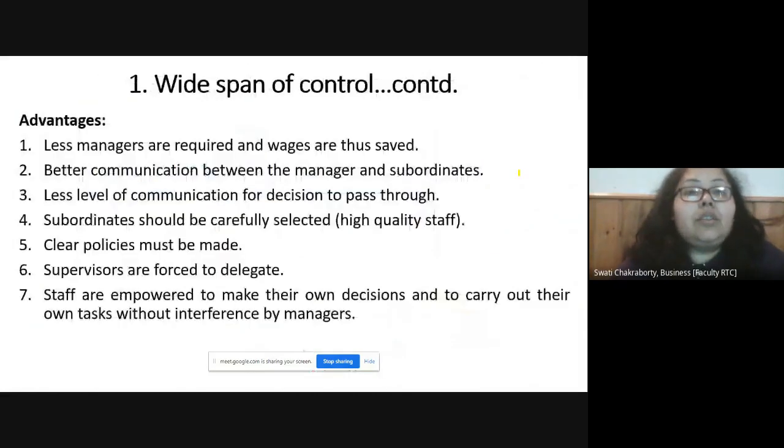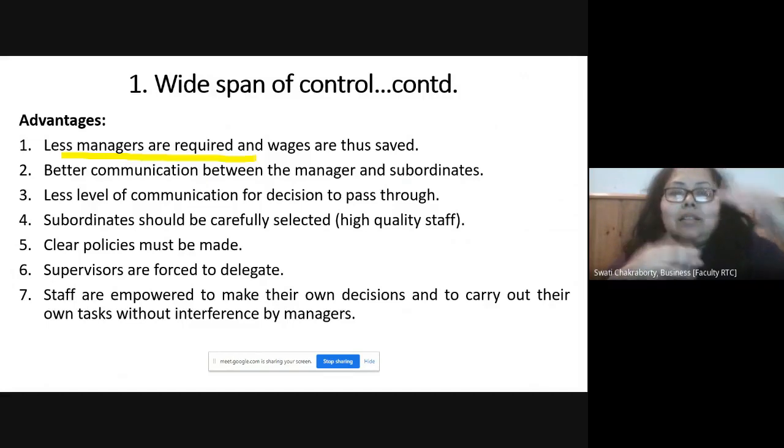Okay, so what are the advantages? When you have more people under you, fewer managers are required. The hierarchical level decreases. Fewer people are there in the management, so you save more on wages.